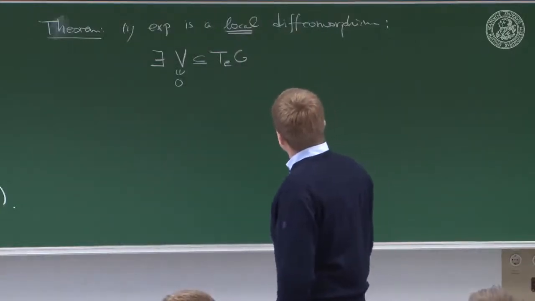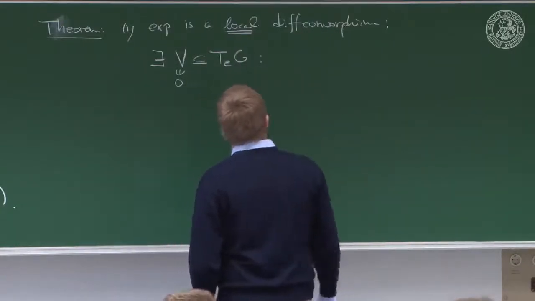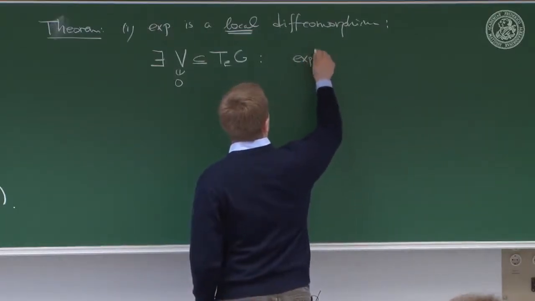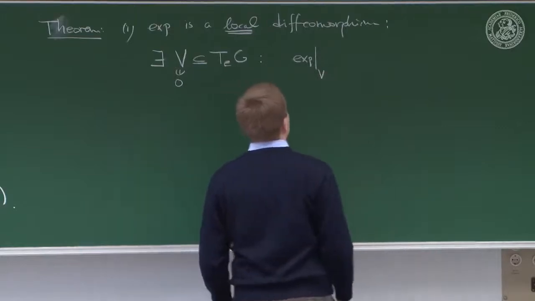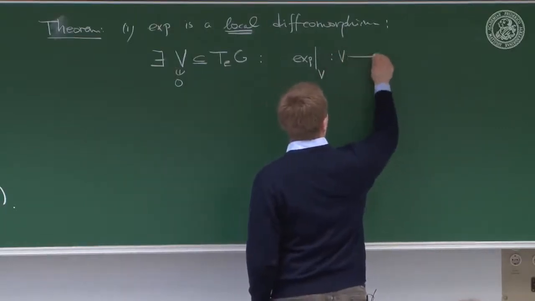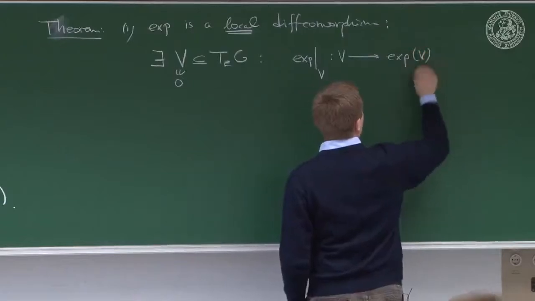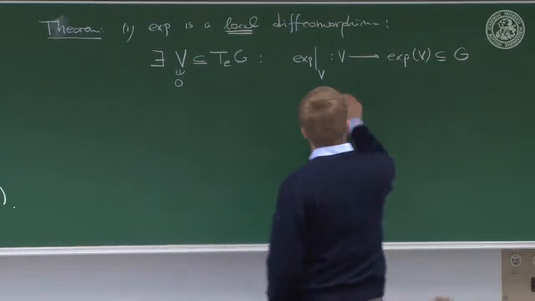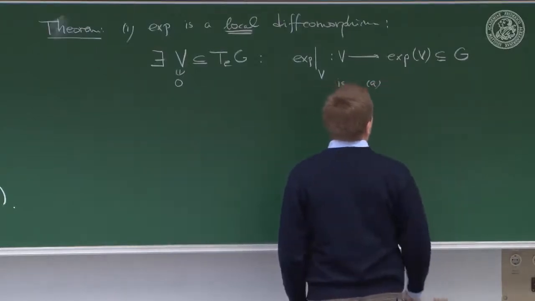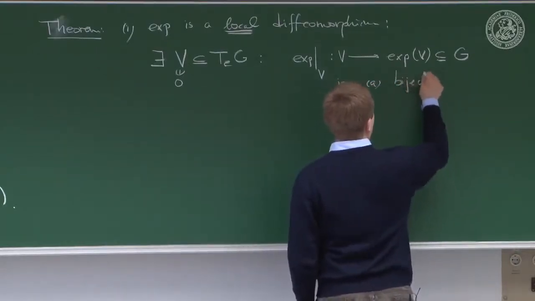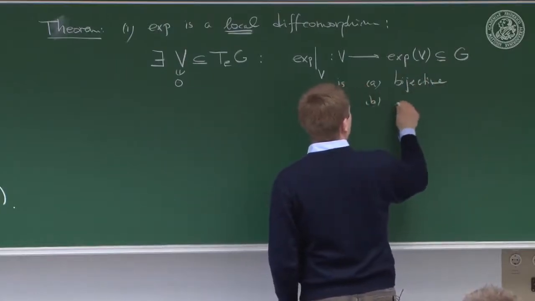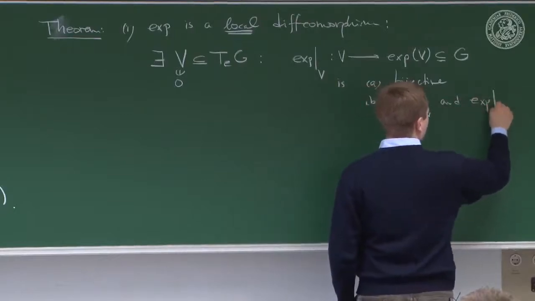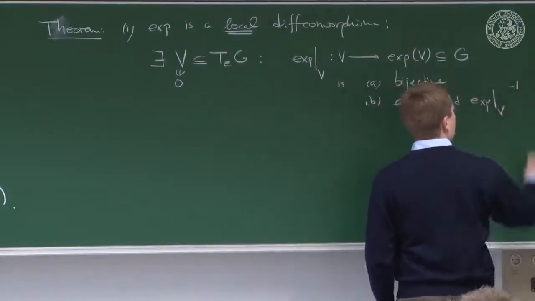such that if you consider the restriction of the exponential map, exp restricted to this subset V, and therefore mapping from V to exp of V, which is then a subset of the group, is (A) bijective, and (B) exp restricted to V and its inverse are both smooth.